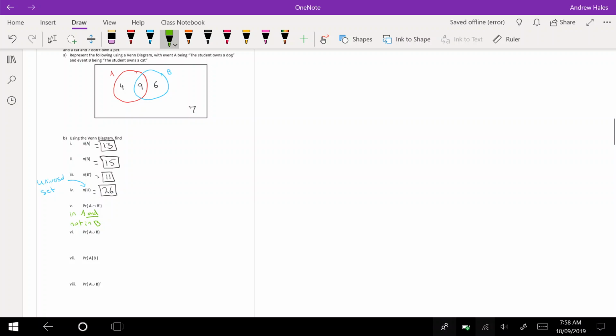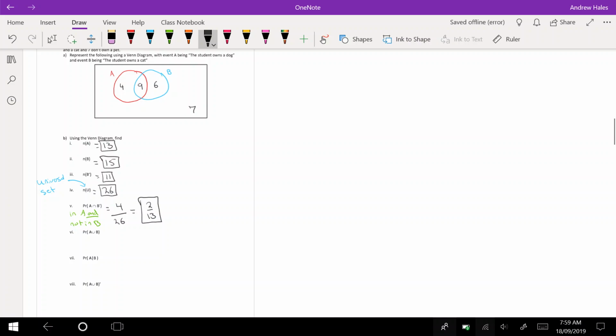So we know that the number is going to be 4. But we remember that this is probability. So with our probability, we know we have to divide it by the total number of outcomes, which is 26. Okay, so it's 4 over 26, and then we simplify that down, taking out the common factor of 2, which gives us 2 out of 13. So the probability of A intersection B complement is 2 out of 13.